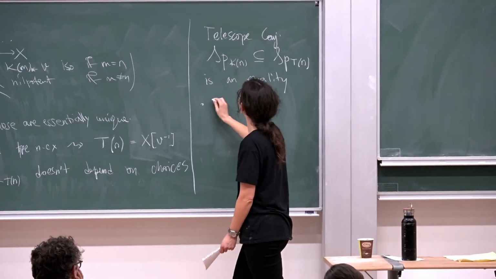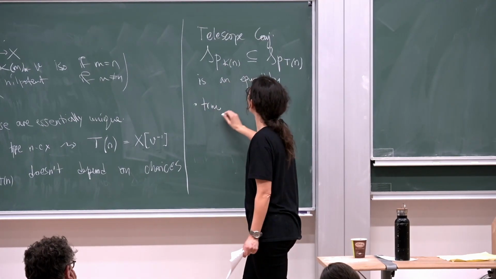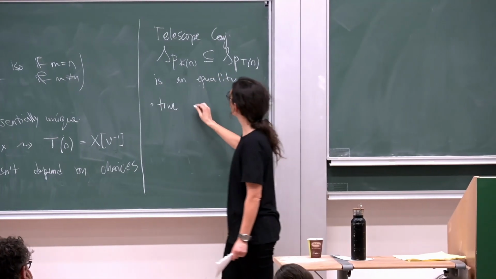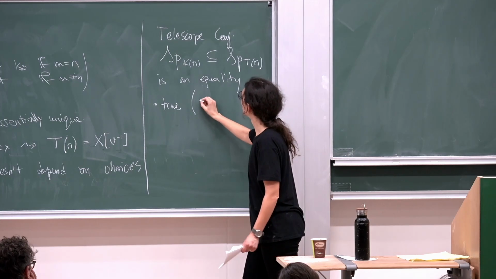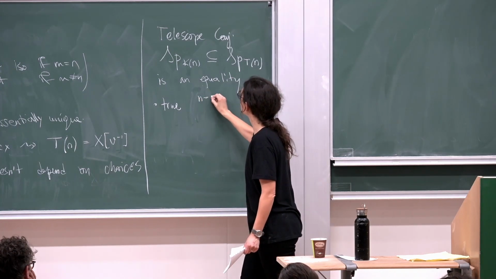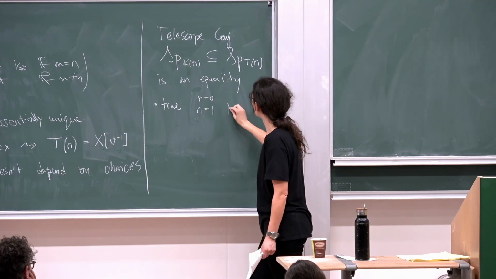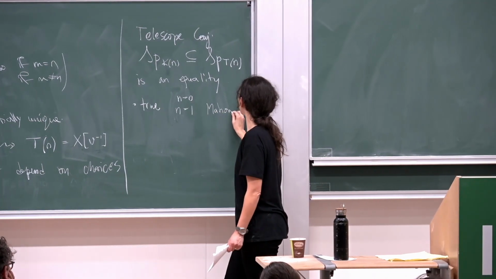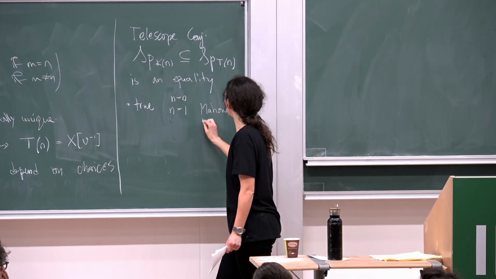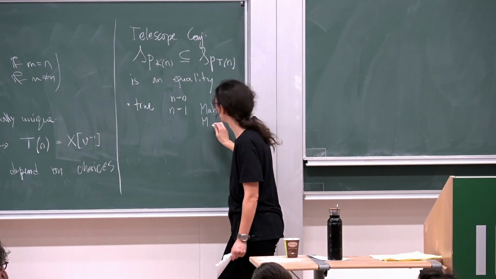This was shown to be true, which was maybe motivation for making the conjecture, when n is 0, and when n is 1, due to Mahowald at the prime 2, and Miller at the odd primes.